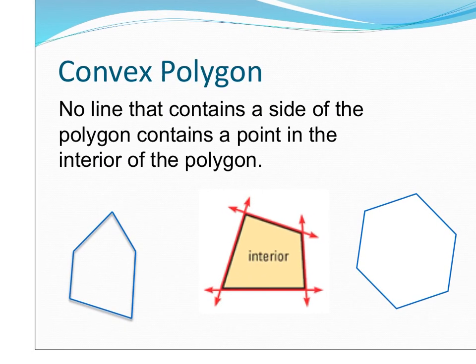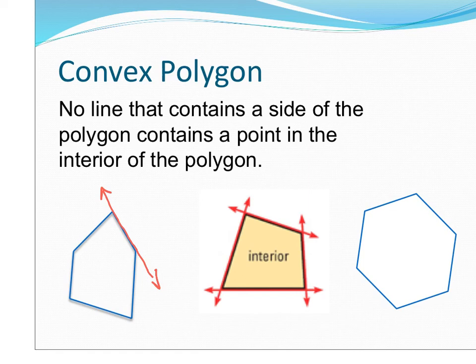A convex polygon is one where no line that contains a side of the polygon contains a point in the interior of the polygon. If you look at the middle one, where it's got the red lines on the outside and the interior is shaded in yellow, they've taken these red lines and drawn them along the sides of the polygon.